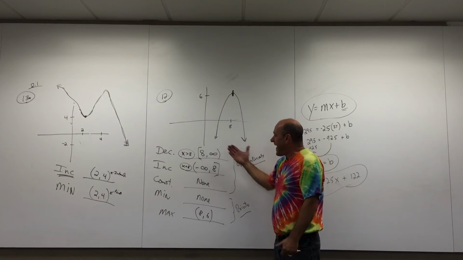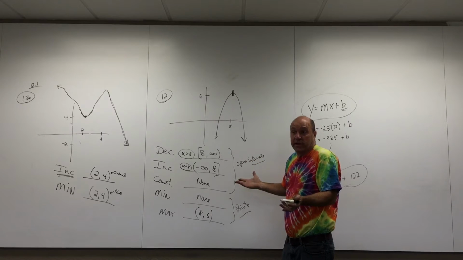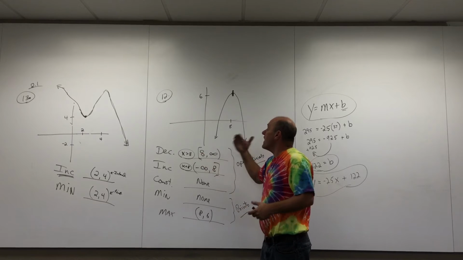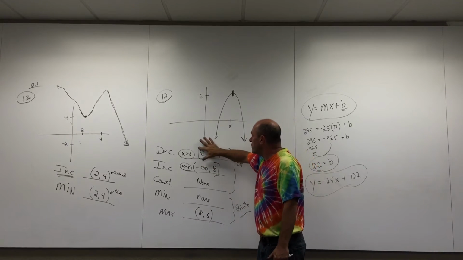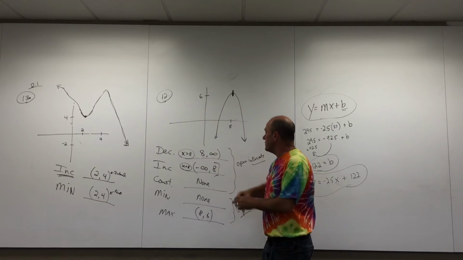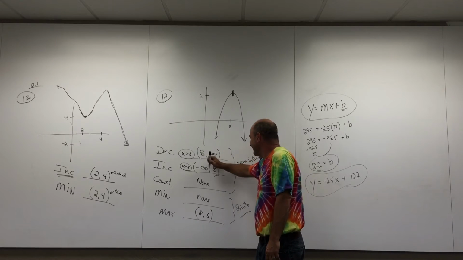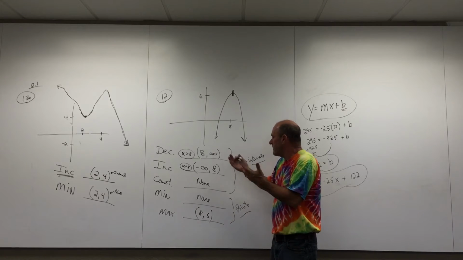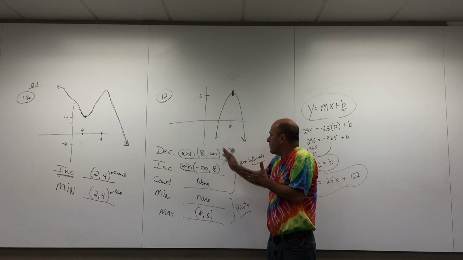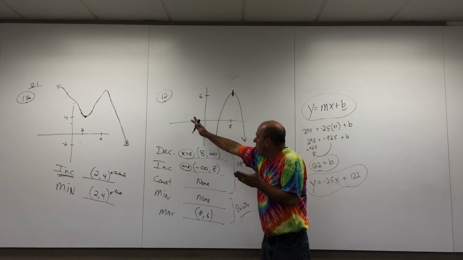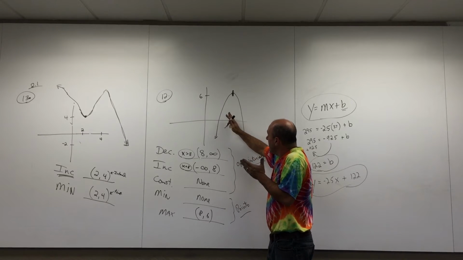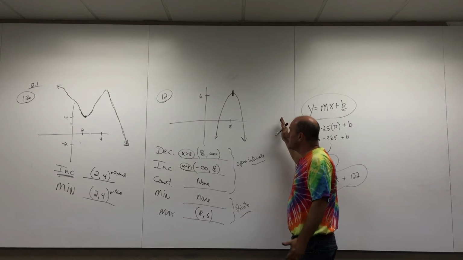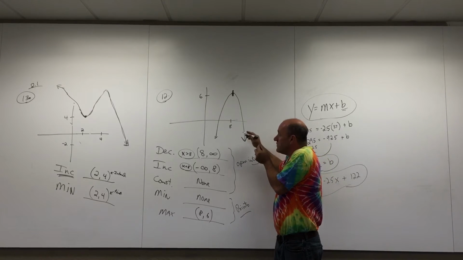I'm saying at 8, I can't decide what it's doing, so I'm claiming that it's increasing and decreasing all the way up to 8, but I'm not going to include the 8 because that confuses me too much. Before 8, I can definitely say it's increasing. After 8, it's decreasing. And I don't need to include the 8.